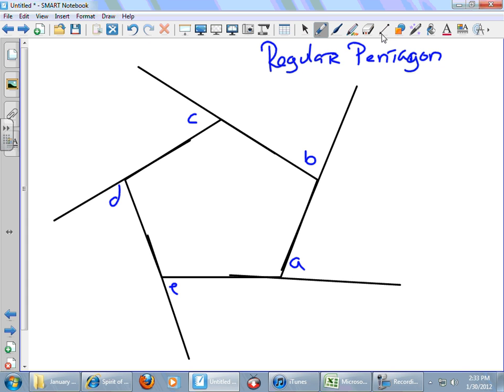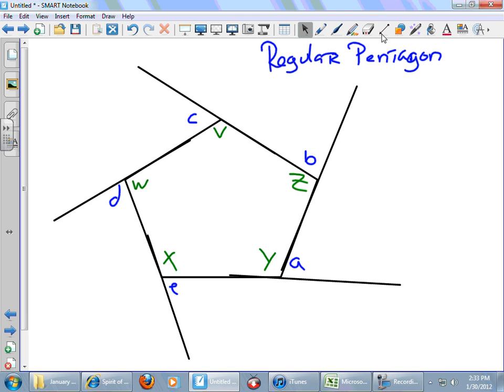Those are V, W, X, Y, and Z. I didn't use U because I thought it would look a little bit strange. You have to find V, W, X, Y, and Z. But again, it's a regular pentagon, and that should make finding those easy. And then once you find those, you should be able to find A, B, C, D, and E.